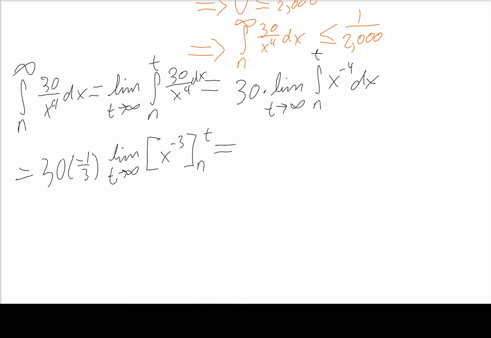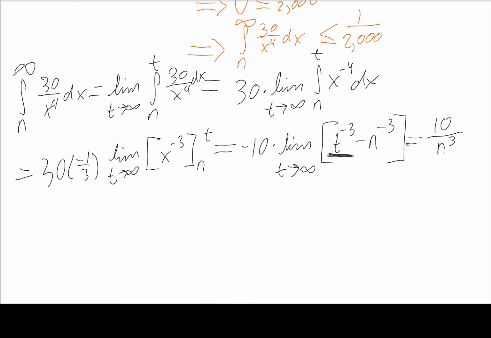And so this will give us, let's see, that's going to be negative 10 times the limit as t goes to infinity of t to the negative 3rd minus n to the negative 3rd. We know that this part is going to go to 0, so we'll be left with 10 over n cubed.